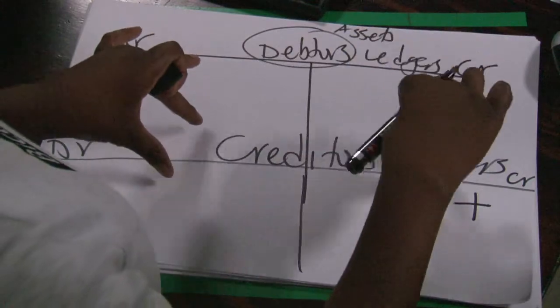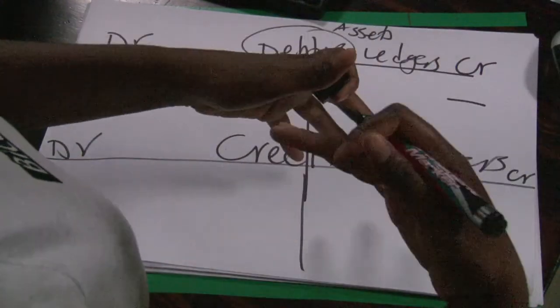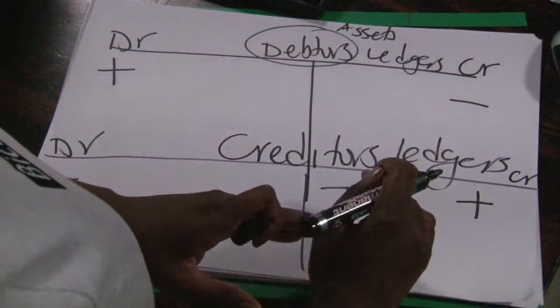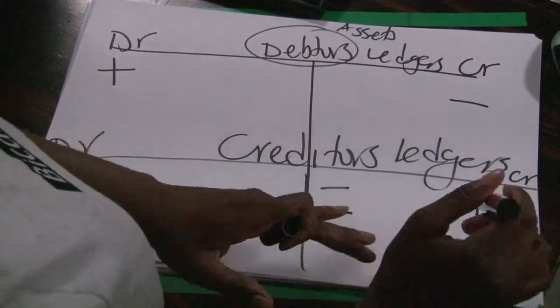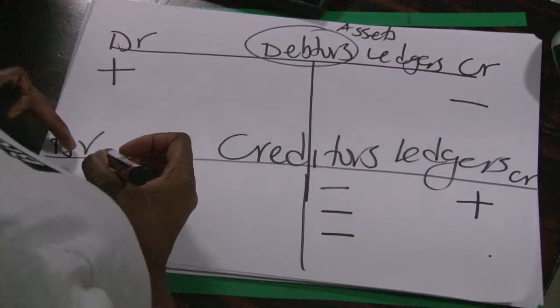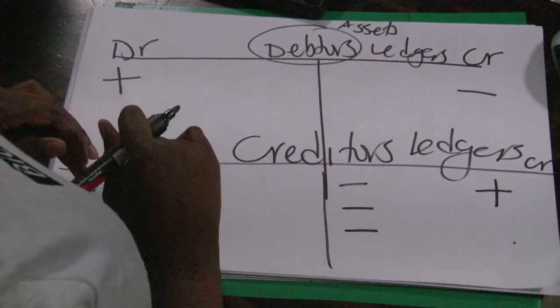If you are dealing with the creditors information, if your creditors are becoming more, then you have to record them, post them on the credit side. If they are reducing, like maybe you are paying off some of your creditors, then you record them, posting them on the debit side.